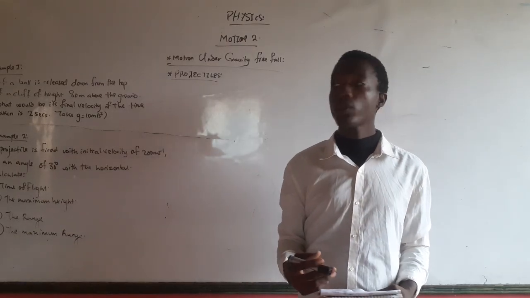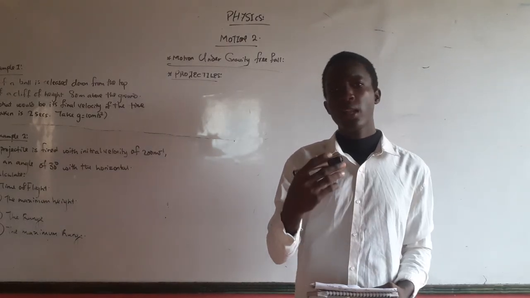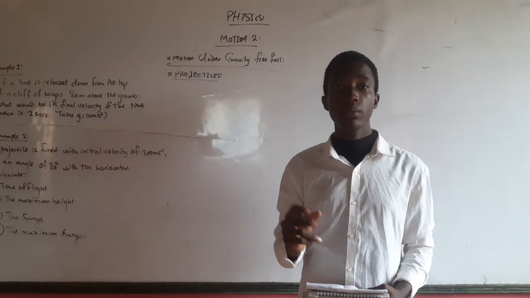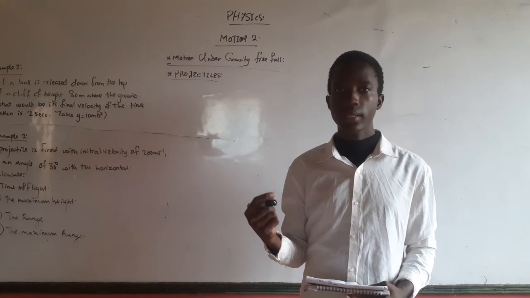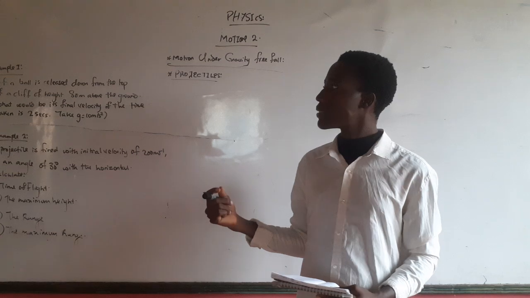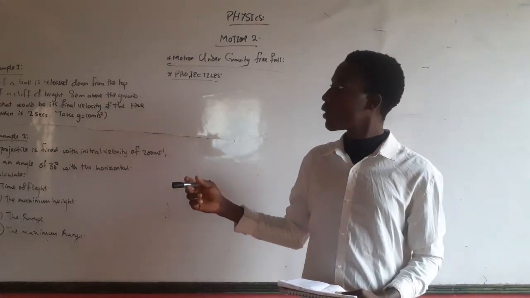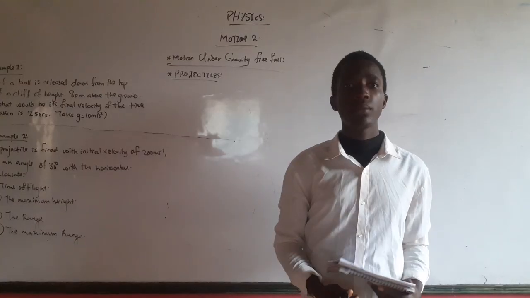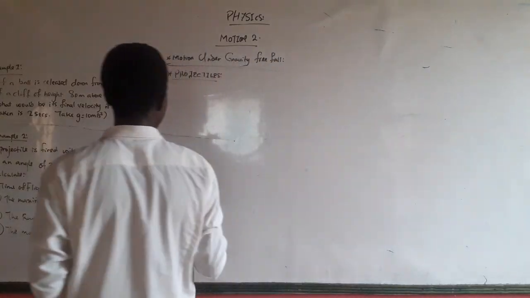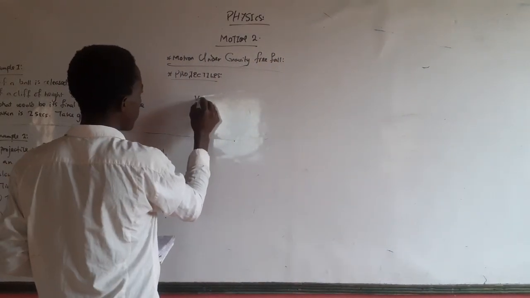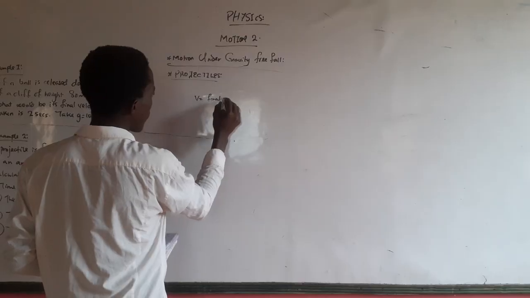Remember I said, whenever you're trying to solve a physics question, align those parameters, convert them in the cases where conversion is needed, and apply the formulas given. Let me give you some formulas you know already. V is equal to final velocity.